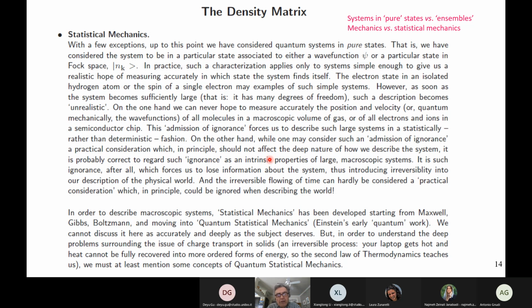What is the probability that the system will collapse into a particular eigenstate of an operator, as given by the square of the dot product of the initial state with that particular eigenstate of the observable that you want to measure. Here, the probability that we introduce is a classical probability.